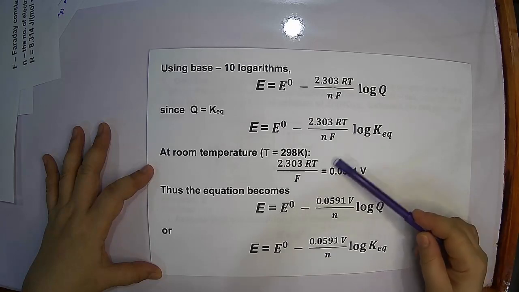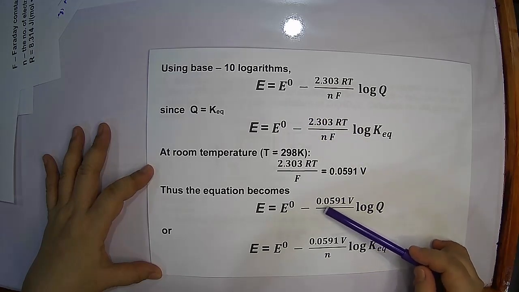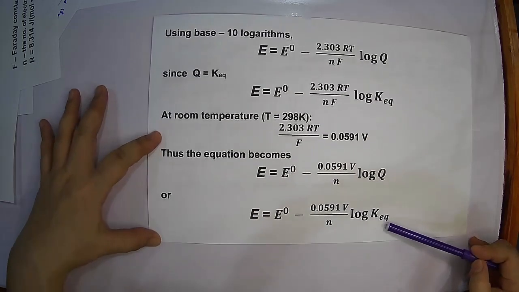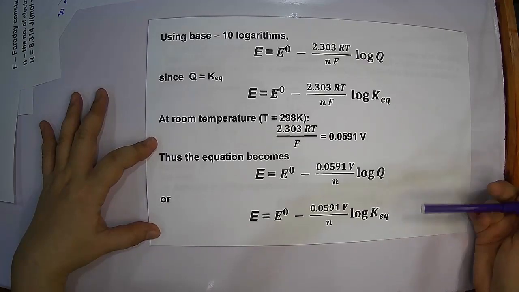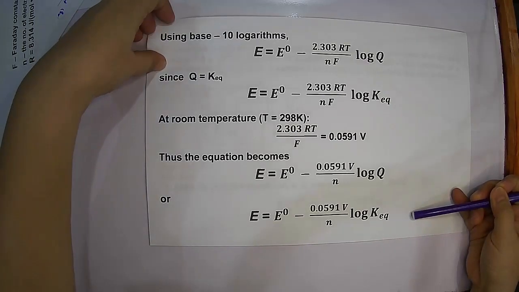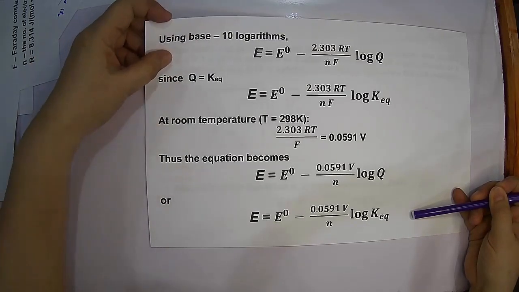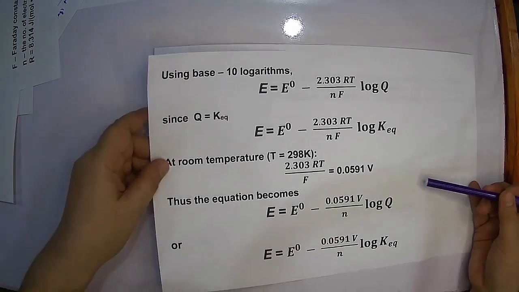If we plug in this factor, we have 0.0591 volt over n, times the log of Q, or the log of Keq. Again, this equation is used only if the condition is at room temperature of 25 degrees Celsius or 298 Kelvin.